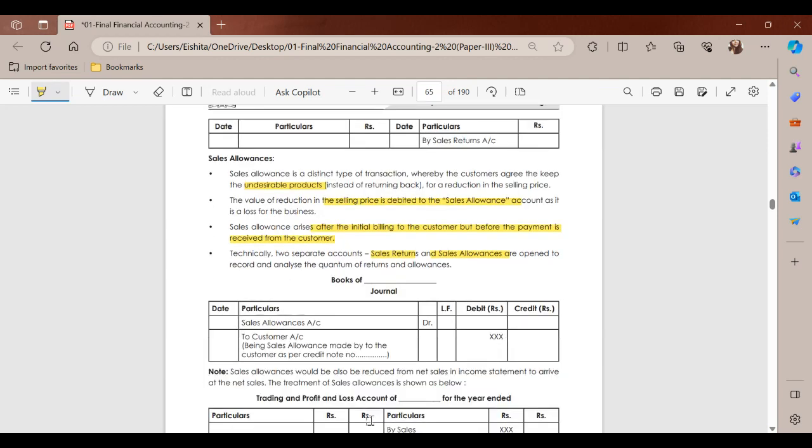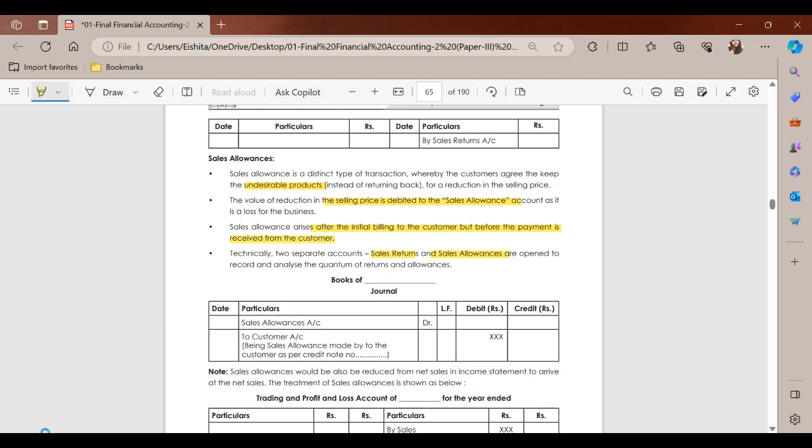That sales allowance is going to be debited to the customer. It allows the buyer to keep the goods with a discount.